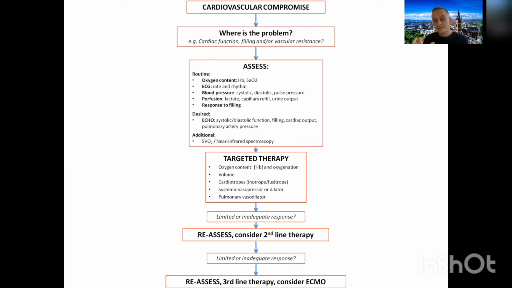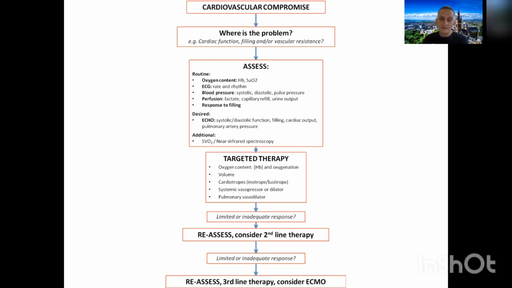What I would like to suggest to you today is that each baby is different, and the reason why their circulation may be abnormal can be different at different times. And therefore, the treatment we may choose may be one that's more targeted towards improving oxygen content and carrying capacity of the blood. It may be about improving intravascular volume or preload. It may be about directly trying to improve cardiac function using inotropes or lusitropes to improve diastolic function.